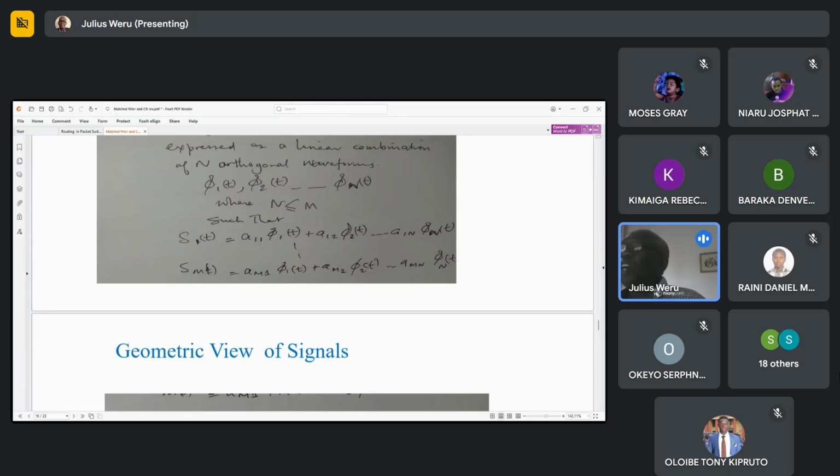So you go all the way up to sM of t is AM1 phi 1 of t plus and so on. So these are the different waveforms represented as a linear combination of this orthogonal basis.